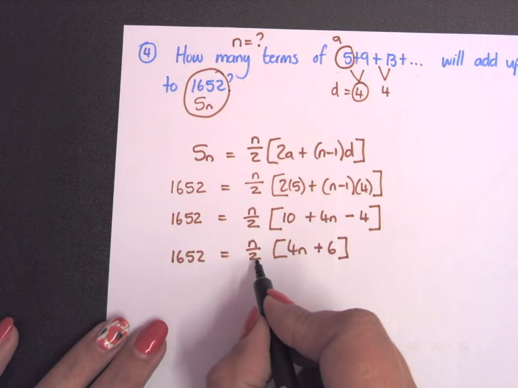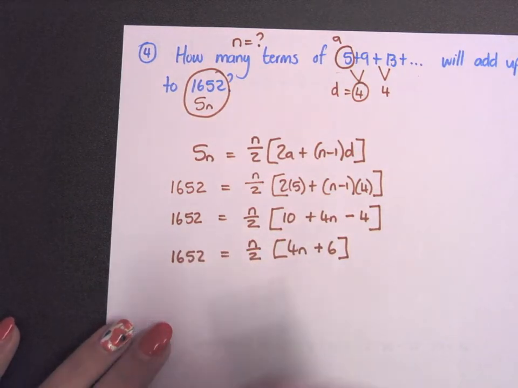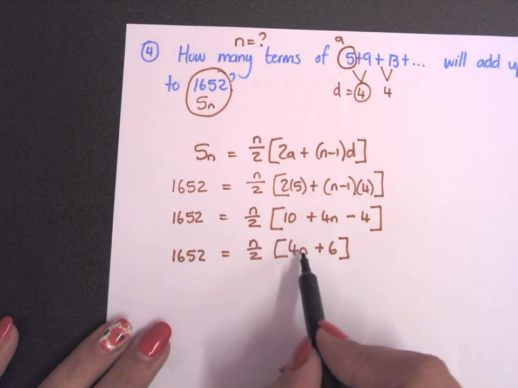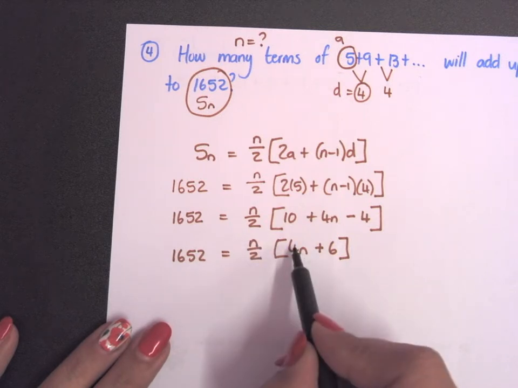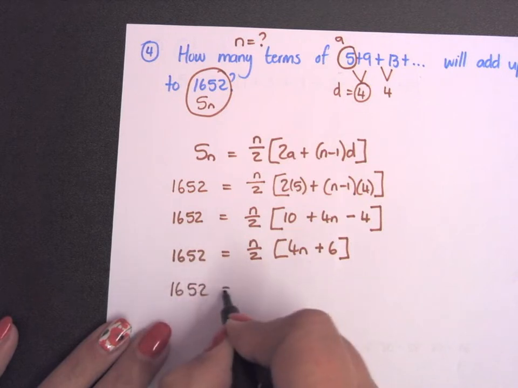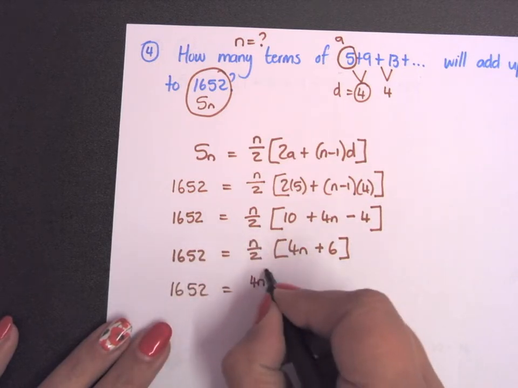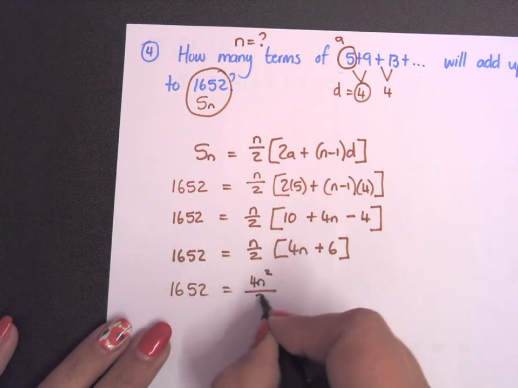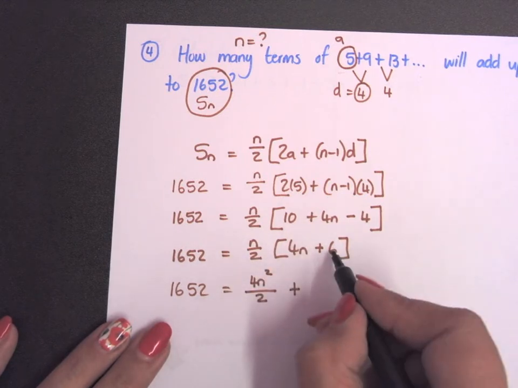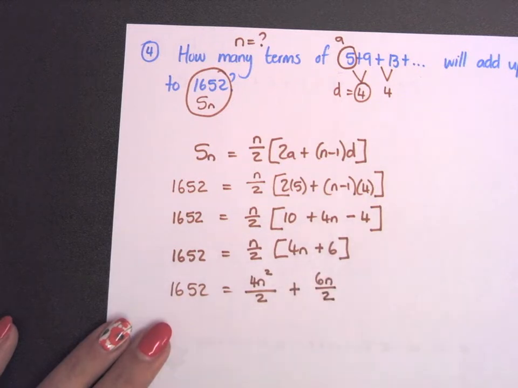I'm going to multiply with 2, or you can multiply with n and divide by 2. So let's do that one. 4n times n is 4n squared, divide by 2, plus 6 times n is 6n, divide by 2.